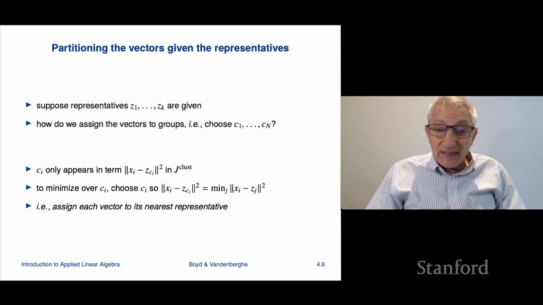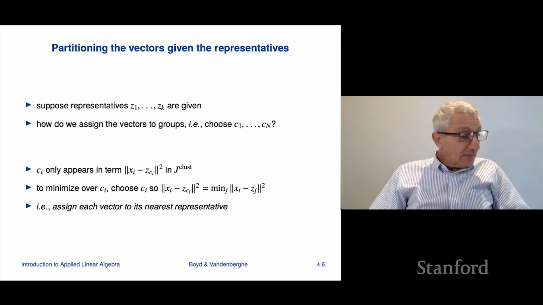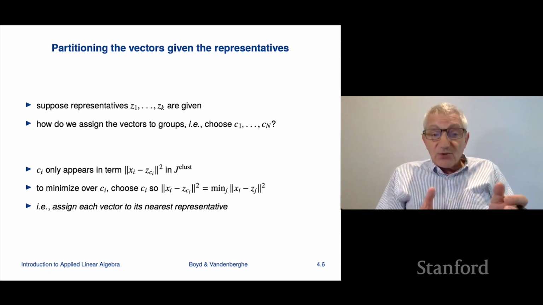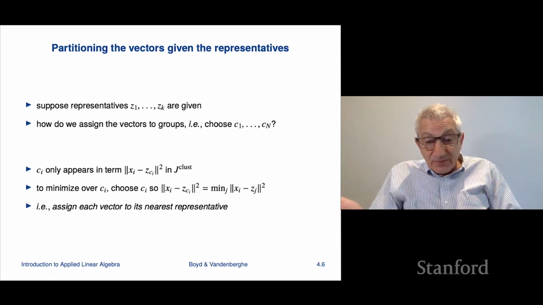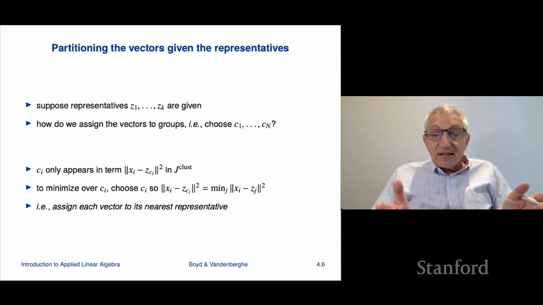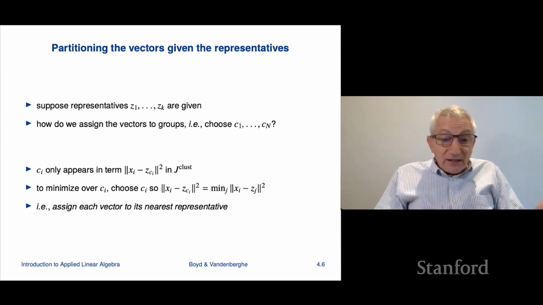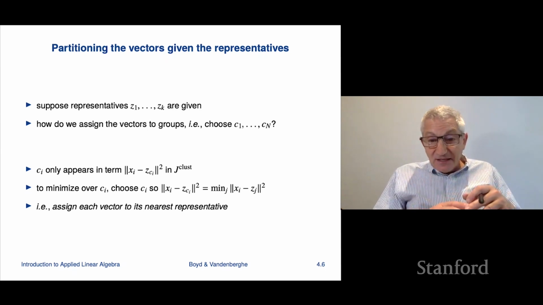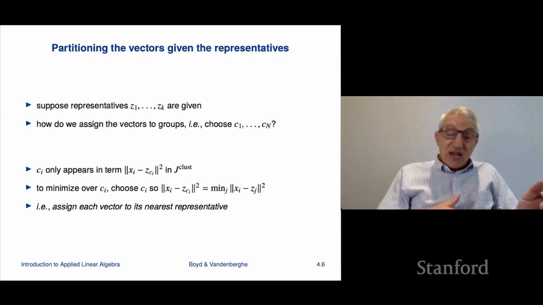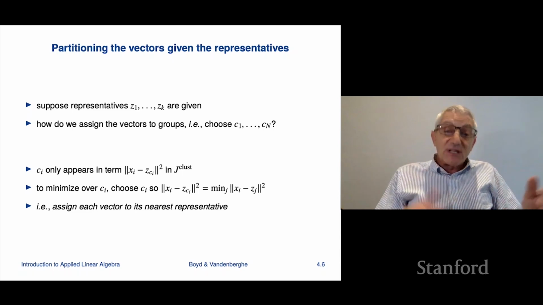Okay, so here's the way it's going to work. We're going to solve the problem not all at once. Remember, our job is to find the representatives and also the assignments to clusters. Those are the c_i's, right? So instead, we're going to break it down and try to figure out how to choose the assignments if you knew the representatives, and then the converse: how would you choose the representatives if you knew the assignments?